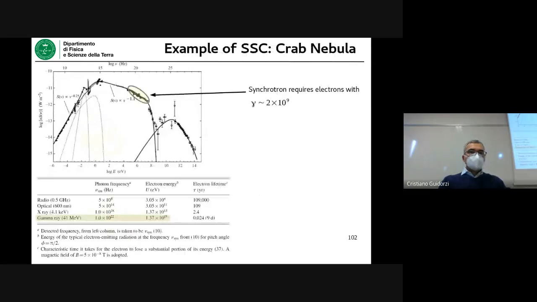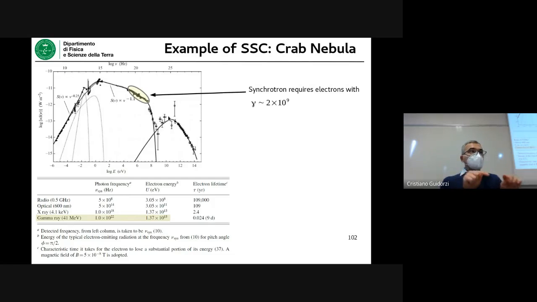Okay, so I think that I can stop here. On Wednesday, we will see again the beautiful lab of the Crab Nebula that we already saw when we talked about the synchrotron radiation. We will see that in the very same spectrum of the Crab Nebula, we also see at play the inverse Compton.